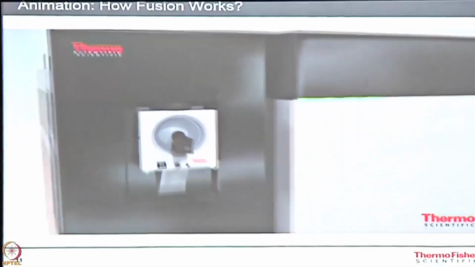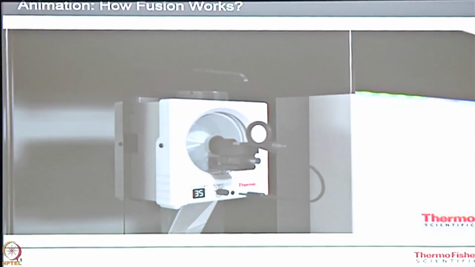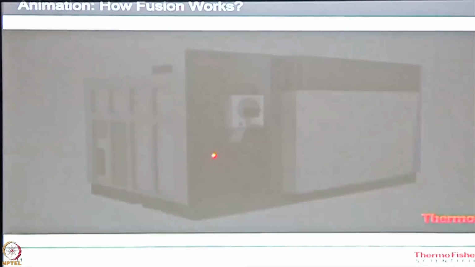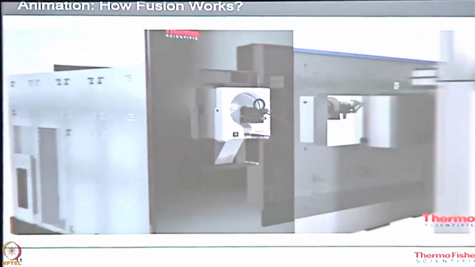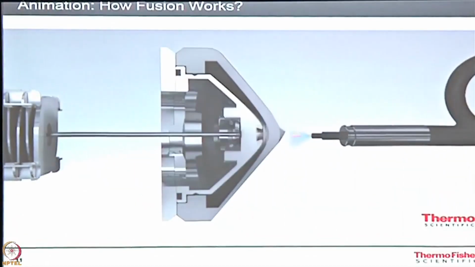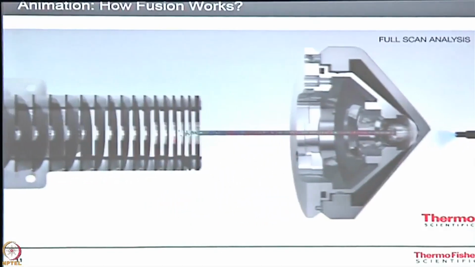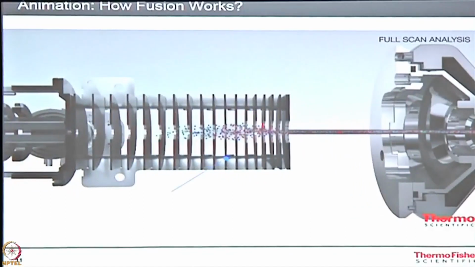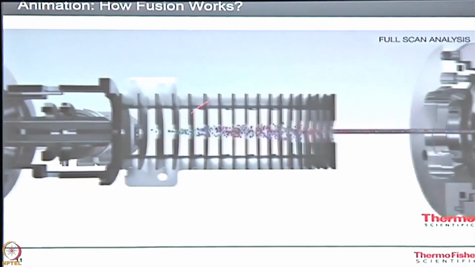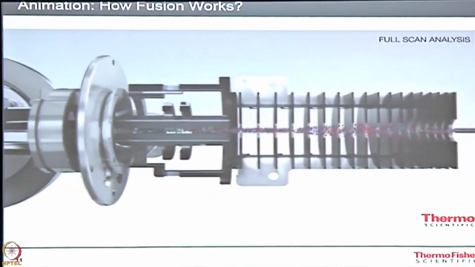Now we are doing the full MS1 first. Okay, so now ions will be generated here. They pass through the ion transfer capillary. After that, the ions try to spread out because all the ions are highly charged, so you need focusing. It will focus.